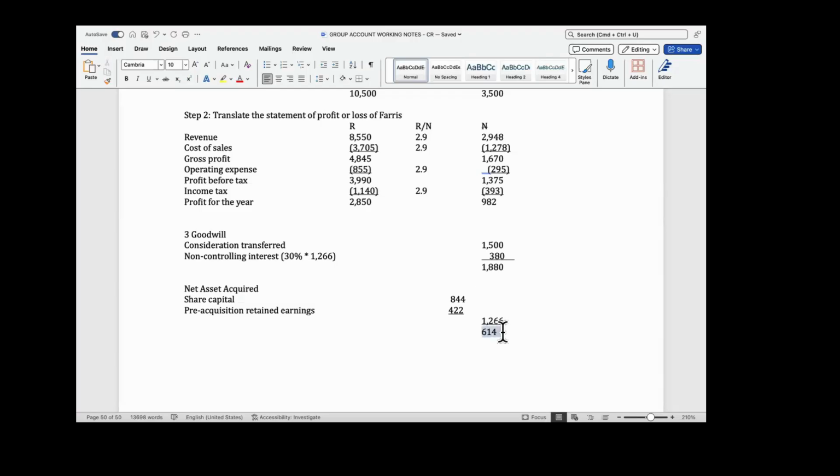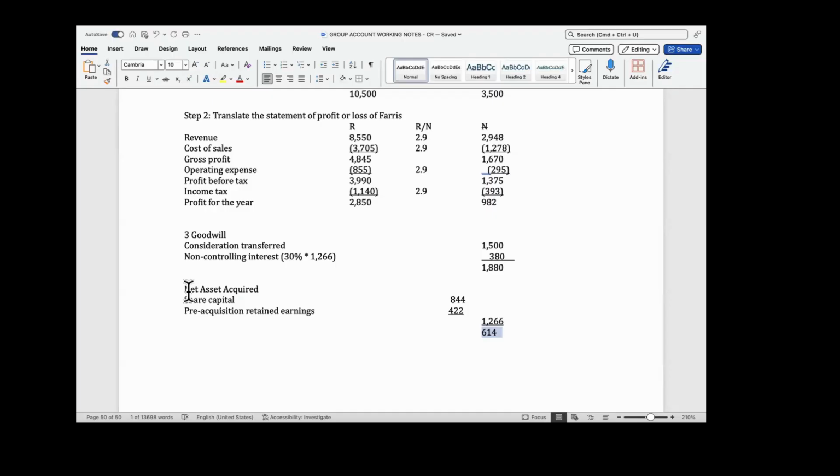In our books, we cannot put this goodwill here in 2017 because this goodwill arose from a foreign subsidiary that we translate.